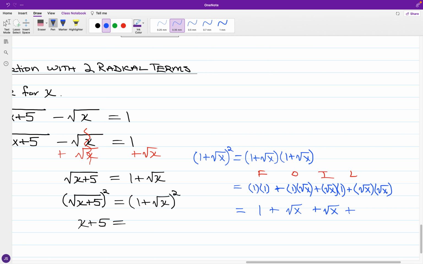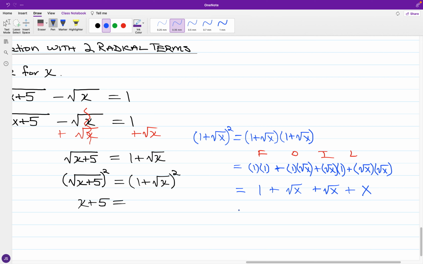So the square root of x times itself will be like the square root of x squared, which is going to go to x. And so in the follow through, we've got 1, and we've got square root of x plus the square root of x. Think of this as 1 square root of x plus 1 square root of x. And so we're going to have 2 times the square root of x plus x.